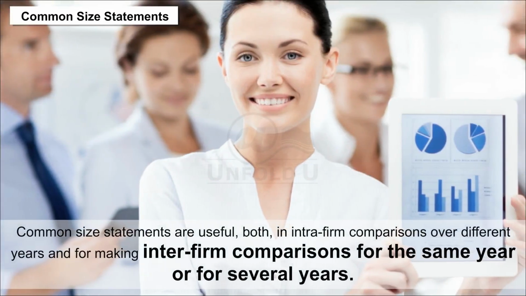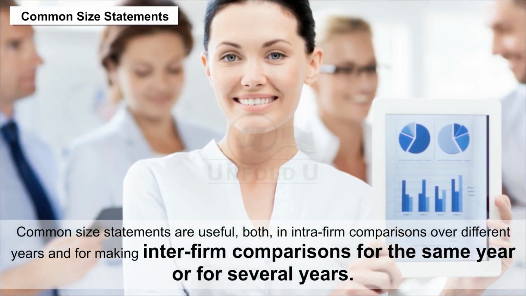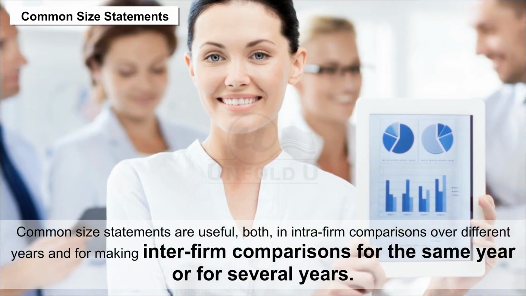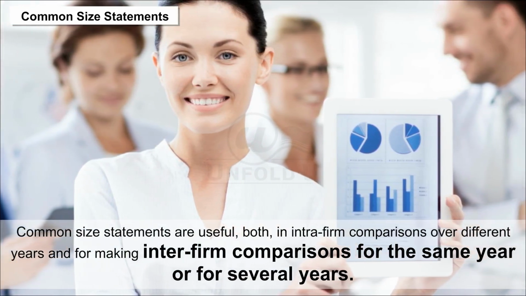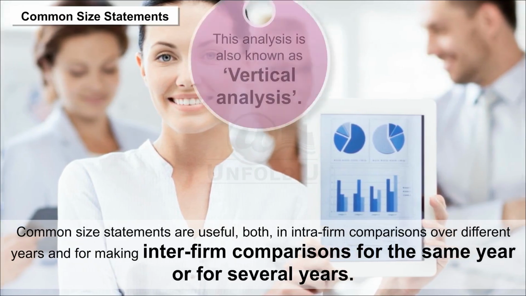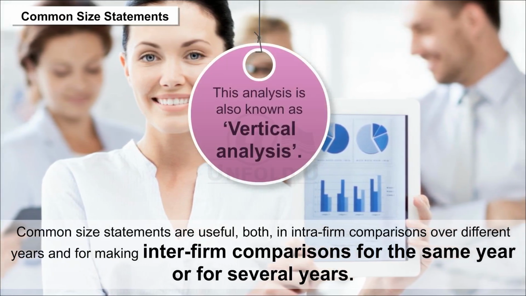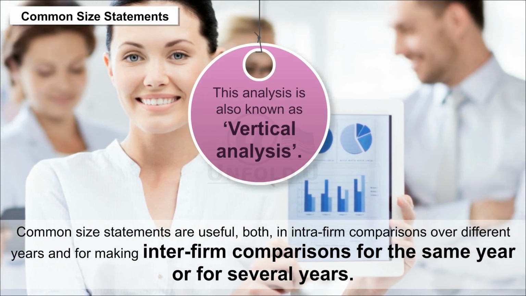Common size statements are useful both in intra-firm comparisons over different years and for making inter-firm comparisons for the same year or for several years. This analysis is also known as vertical analysis.